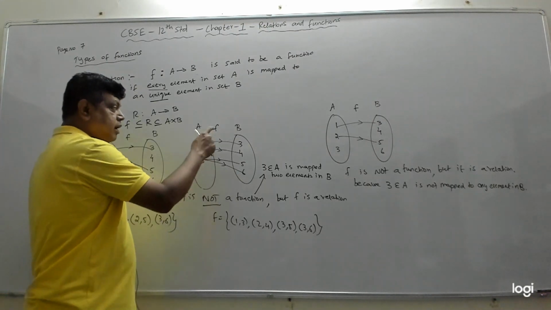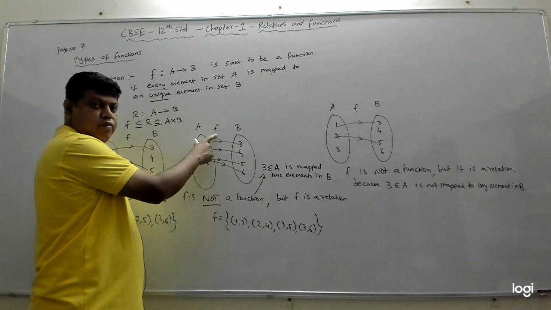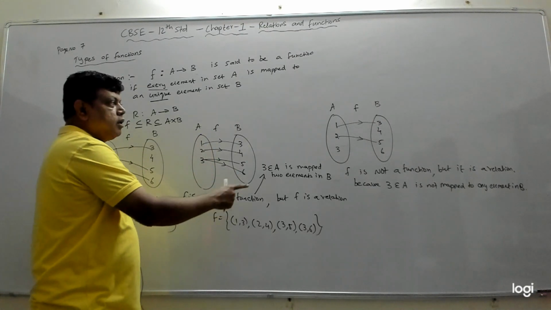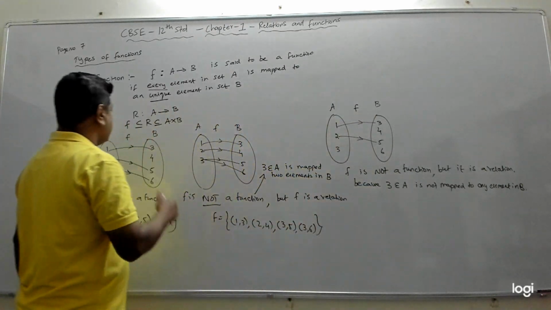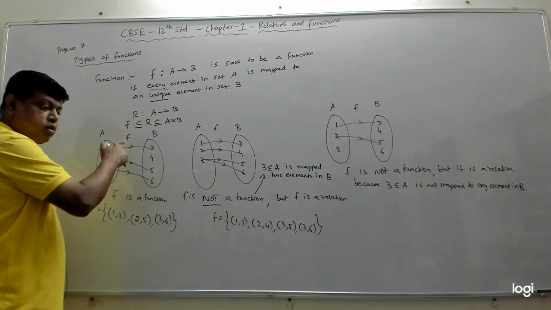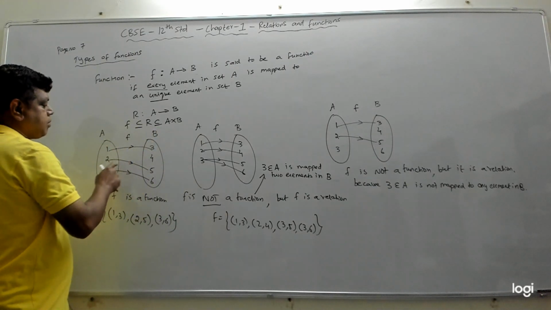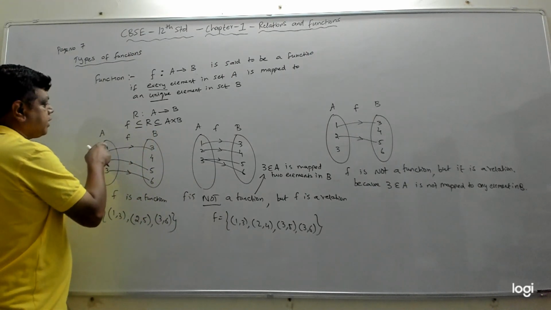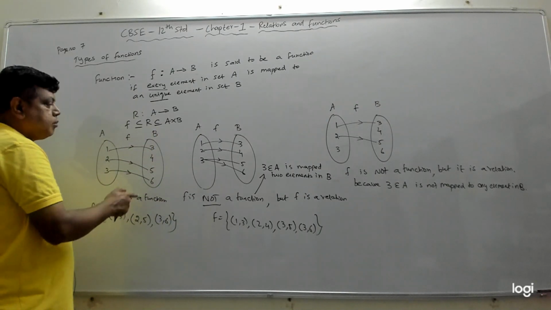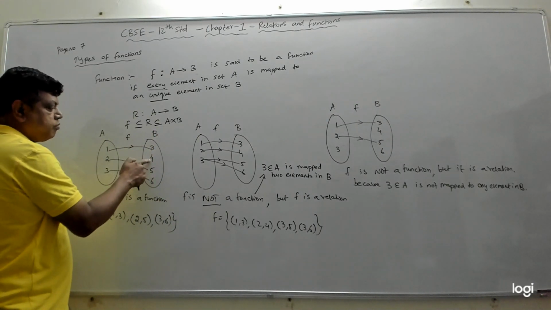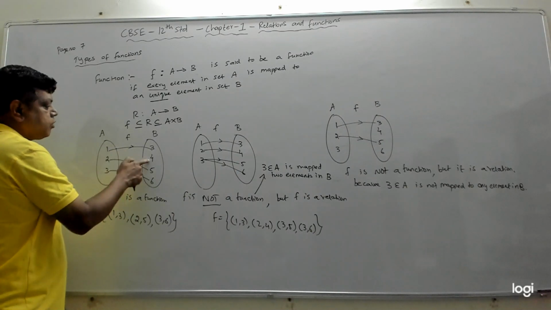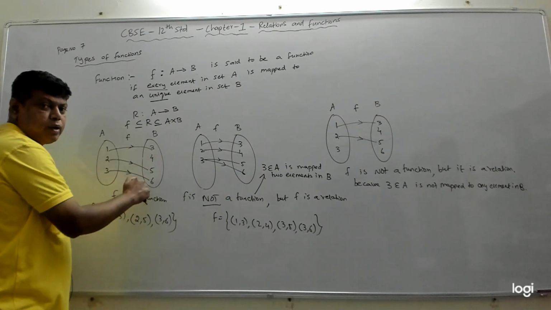Therefore, in general F is a relation, but it is not a function. Here F is a relation as well as a function, because it satisfies the condition that every element in A is mapped to a unique element in B. But there can be some elements left out in B, where no element in A is mapped.